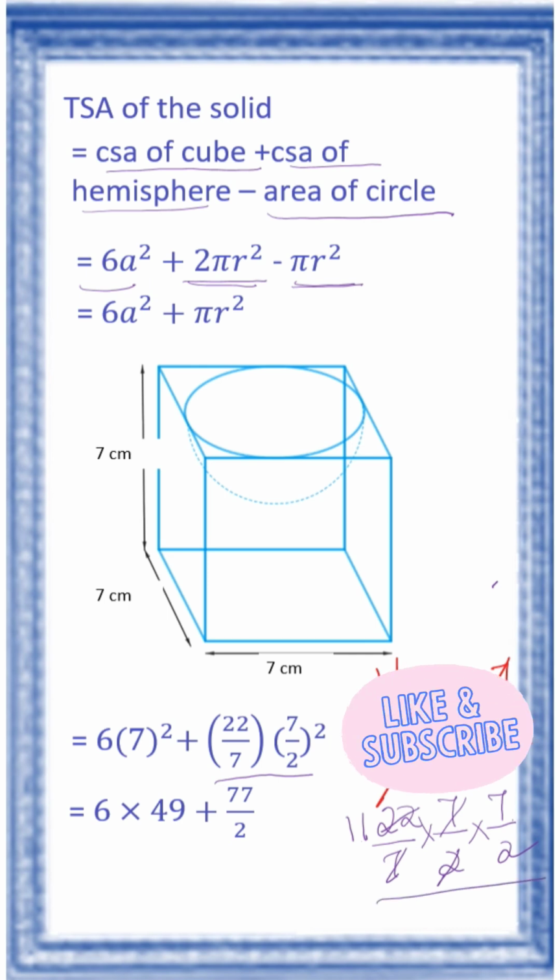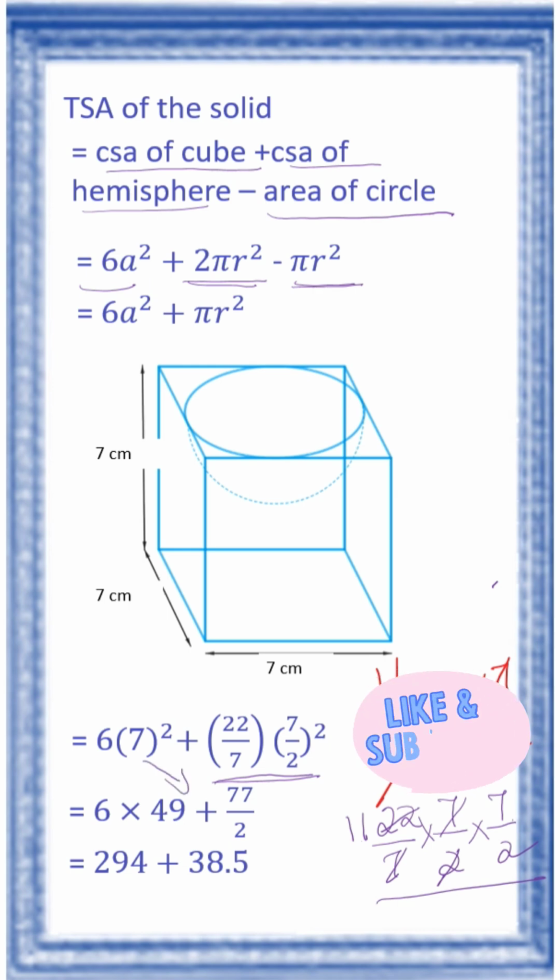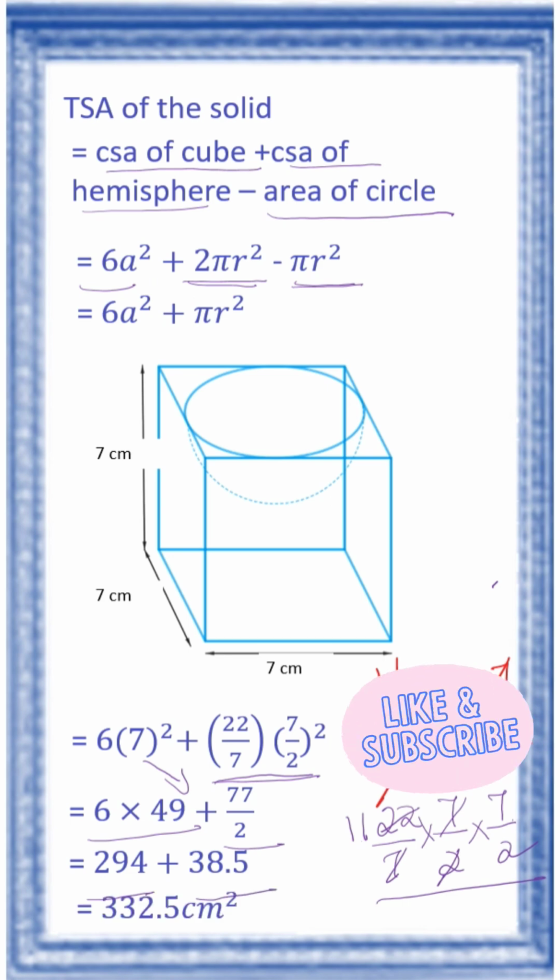This portion becomes 77 by 2. This one is 7 into 7, 49. 6 into 49 is 294. 77 by 2 is 38.5, which is equal to 332.5 centimeter square.